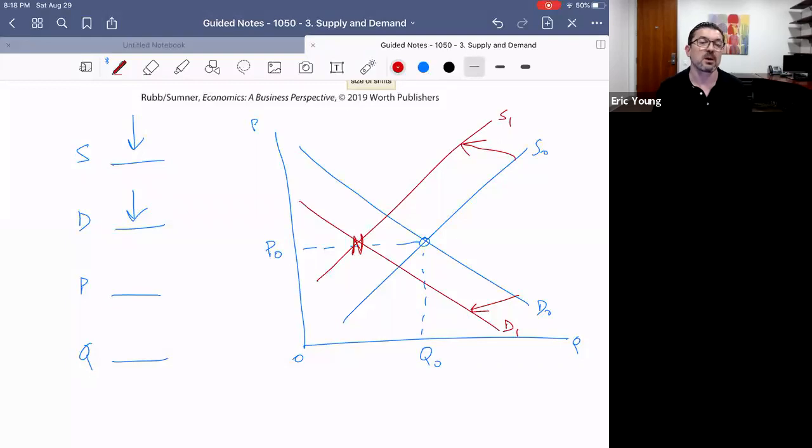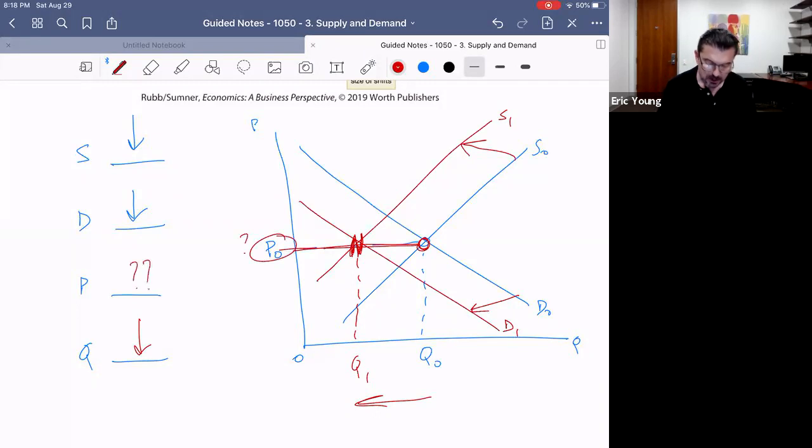And once again, we have one variable that's certain and one that's indeterminate. If we drop it down, it's easy to see that quantity fell. Yet when you compare the new equilibrium with the original equilibrium, you really can't tell what happened to price. So price is going to be indeterminate.